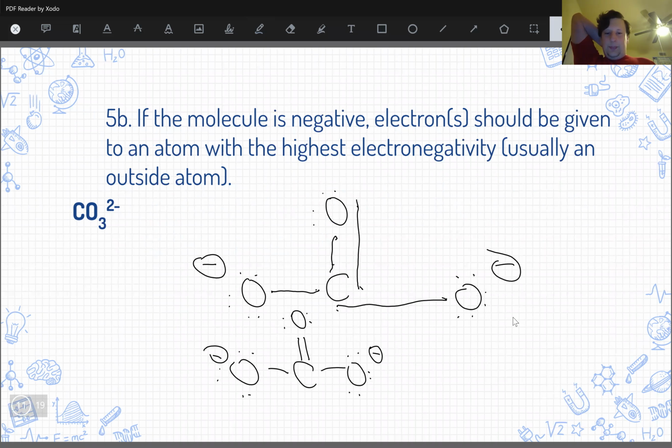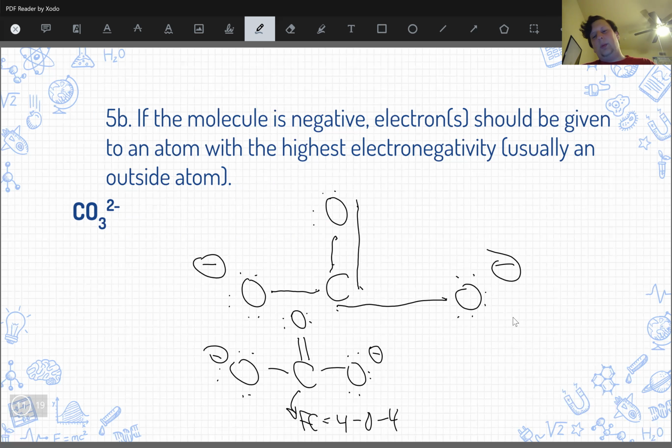Now, what about here? Let's check our central carbon, our central atom. That carbon has, so formal charge equals 4 valence electrons minus no non-bonding electrons minus 4 bonds. All right, carbon's got a 0 charge. We're good there. Now what about our atoms here? So our oxygen here, we have typically 6 valence electrons.